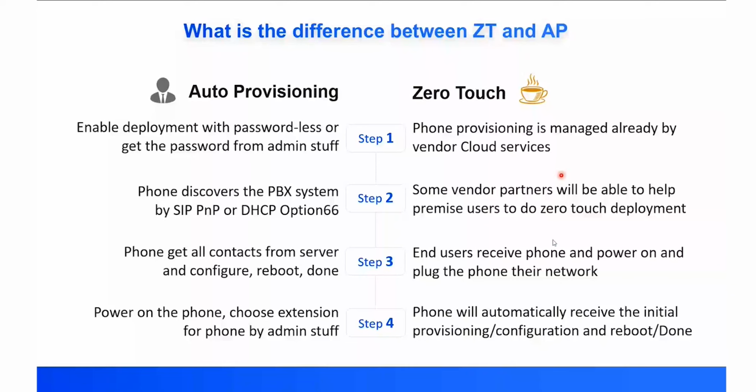So we can see here, there is no person touching the systems, so the phone sets up automatically. However, in the other case, your staff have to configure that. Later we'll show you how to configure the GUI and so on.